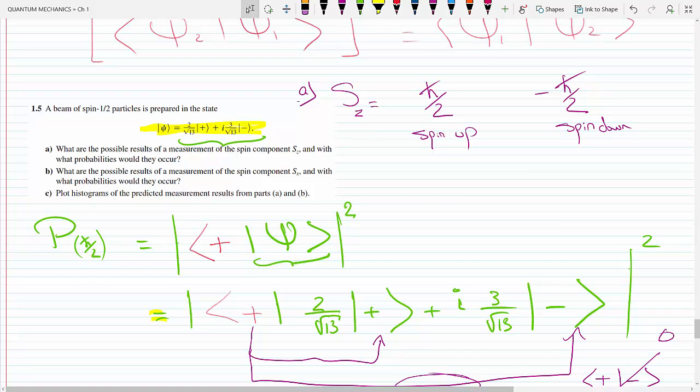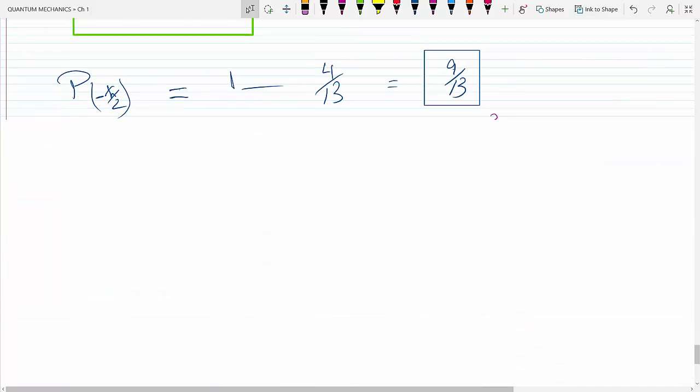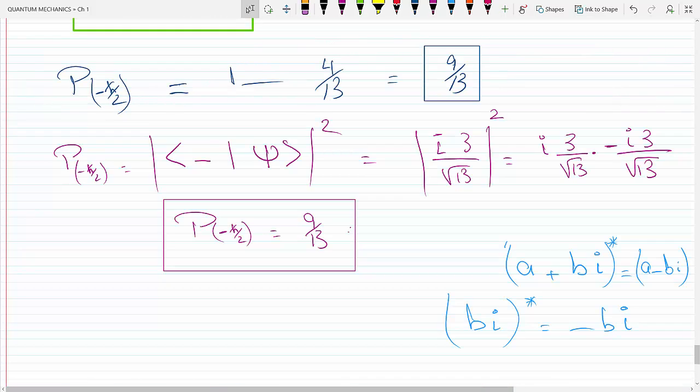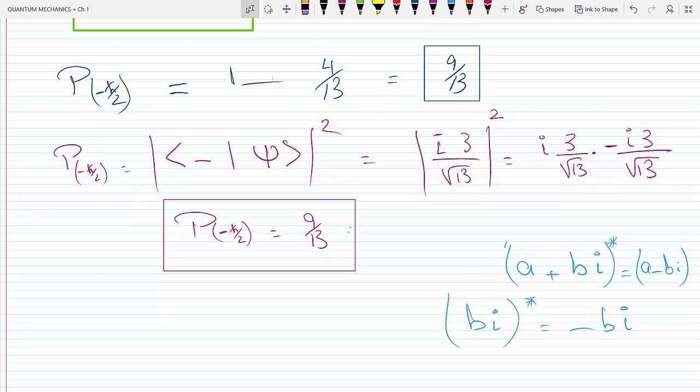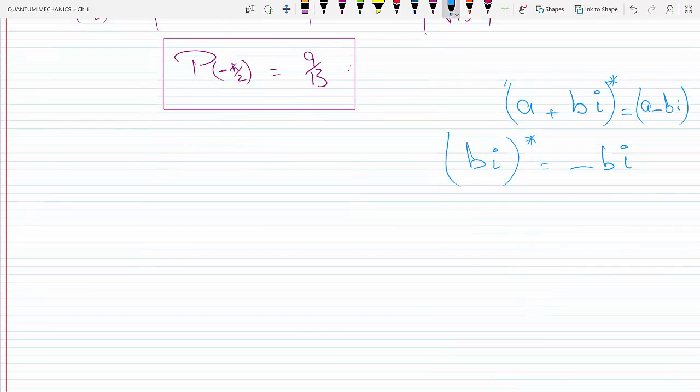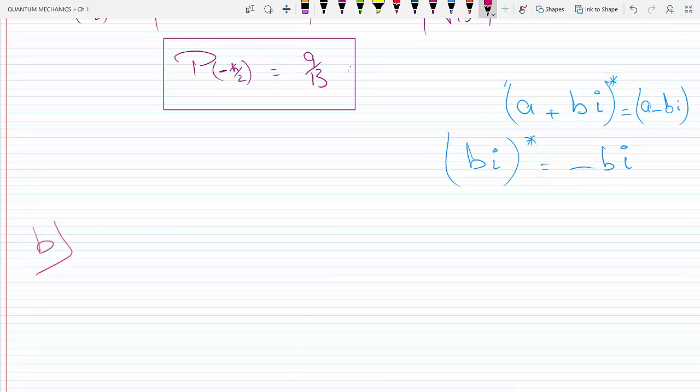What are the possible measurements in the X? These are in the Z direction. We did the Z. Now it's the X.